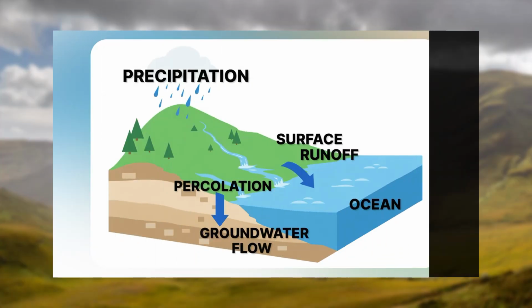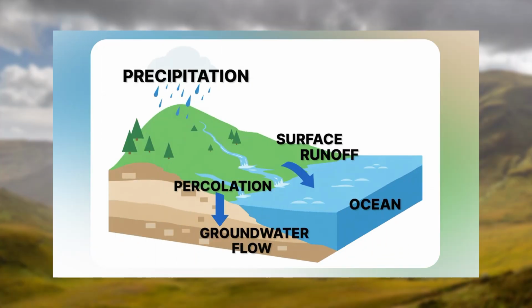However, no two storms are exactly alike. Rainfall events differ in intensity, duration, and spatial distribution, which makes direct comparison between individual hydrographs difficult. To overcome this problem, hydrologists developed the concept of the unit hydrograph, which provides a standardized way of representing basin response.